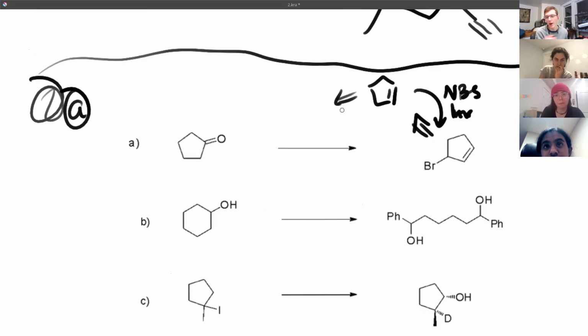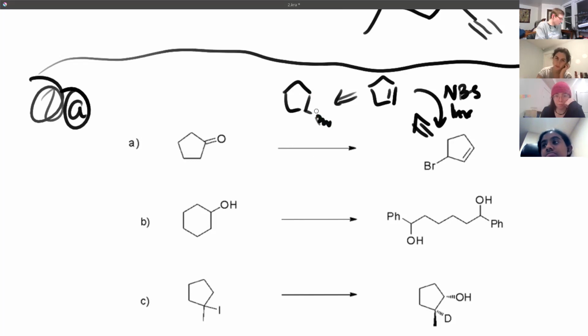And okay, how would we have gotten that double bond? What's like one of the better ways that we know how to get double bonds? Elimination. Okay, so what do you want to eliminate? So we could have substituted a bromine at some point, which we can use to eliminate, or like protonate a hydroxy group and make it leave.